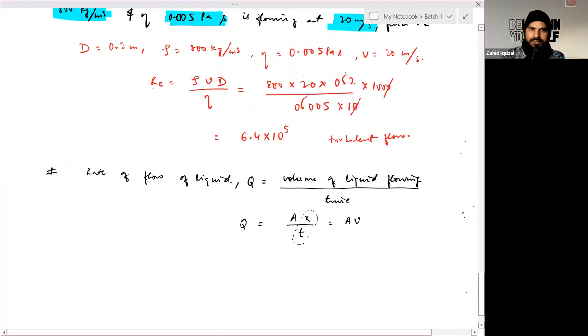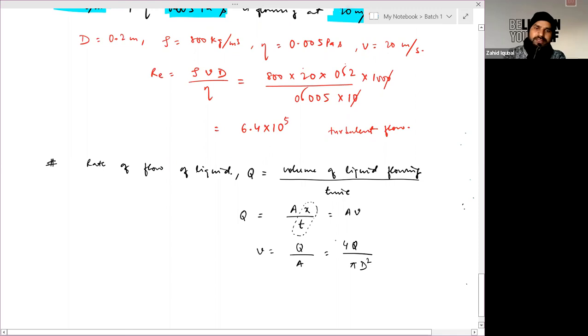In the above part, in terms of Reynolds number, we may change the value of V in terms of this Q. So we may write V equals Q divided by A. Area of cross section of that tube having diameter D will be pi D square divided by 4.